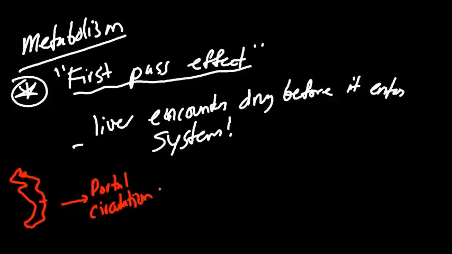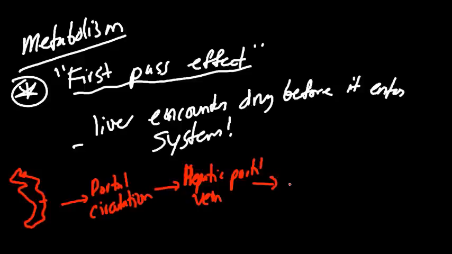Now remember, the portal circulation is the circulation that's connecting our intestines, like our small intestine, to our liver. Why is this? It's because then our liver can have first pass effect. It'll drain in the portal circulation, go to the hepatic portal vein. I have a really good video on the liver architecture. I'd really recommend that if the liver is kind of hazy to you, it's a great place to start.